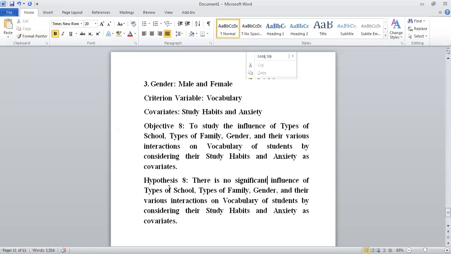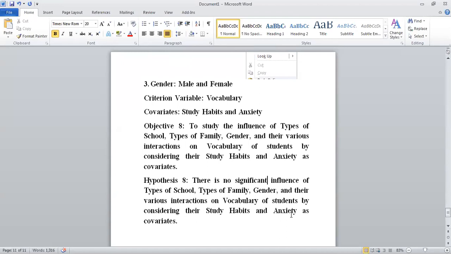You know, the vocabulary of the student depends upon his study habit, and if he is having too much anxiety, then the vocabulary will change.